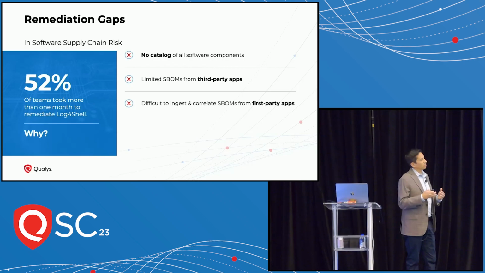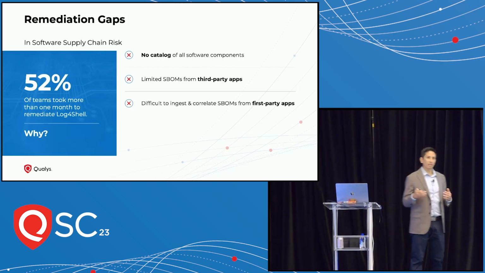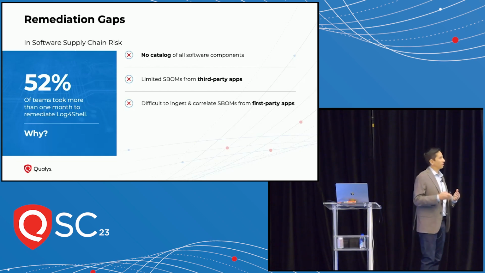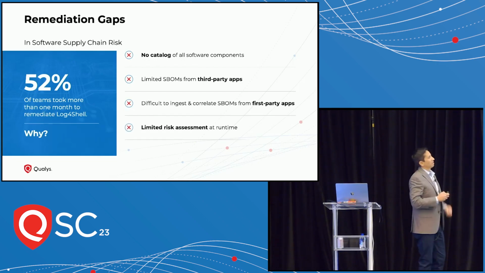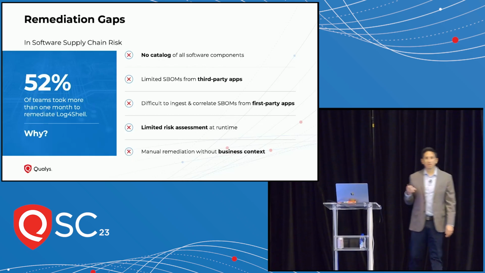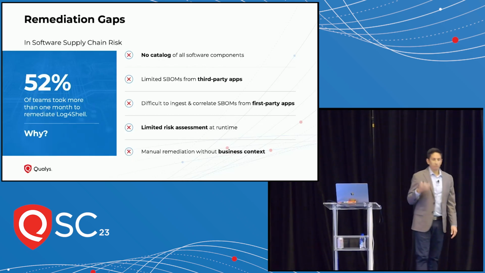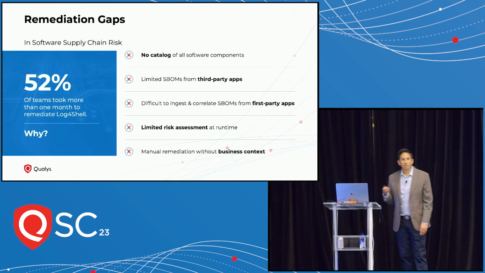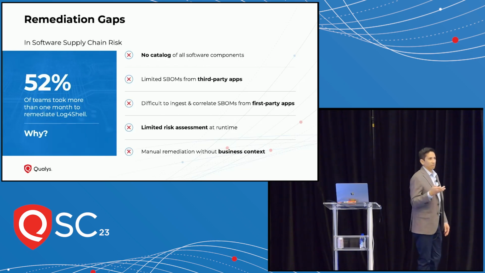What that means is to actually ingest and correlate those SBOMs to your actual production environment, right? And on top of that, there was very limited risk assessment being done for these components in the enterprise, and a lot of manual remediation, and with the lack of business context, right?